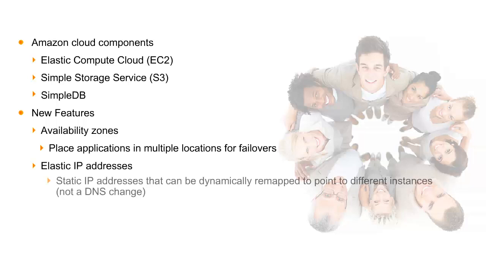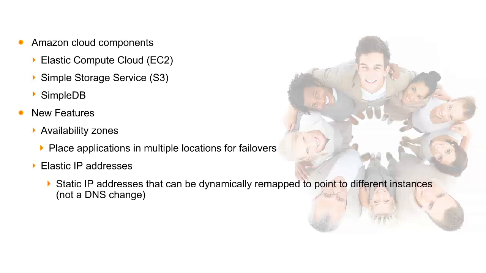Elastic IP addresses. Elastic IP addresses are static IP addresses designed for dynamic cloud computing. An elastic IP address is associated with your account, not a particular instance, and you control that address until you choose to explicitly release it.